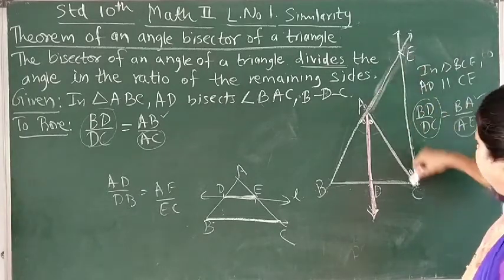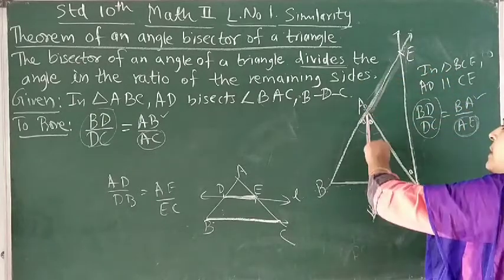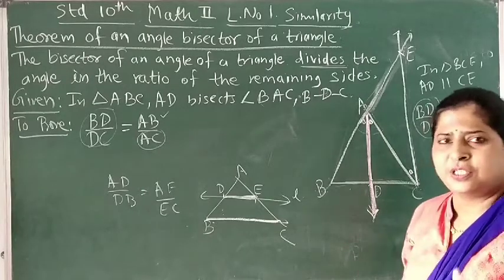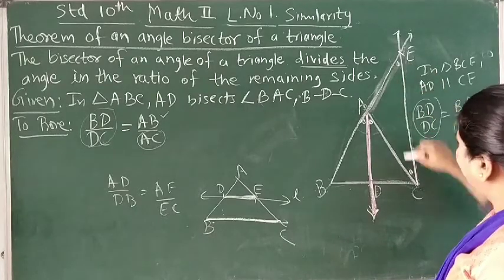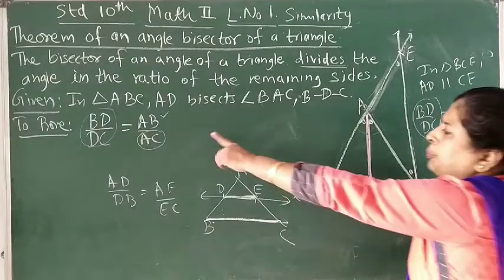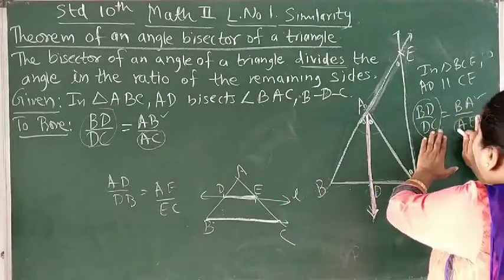Now these two sides are part of triangle ACE. These two sides can be shown congruent if the angles opposite to them can be shown congruent. To prove this, we did the construction.